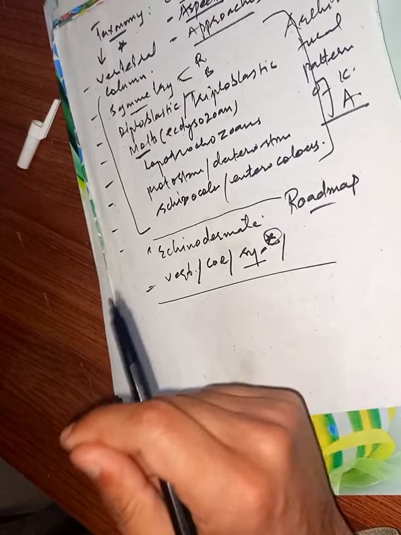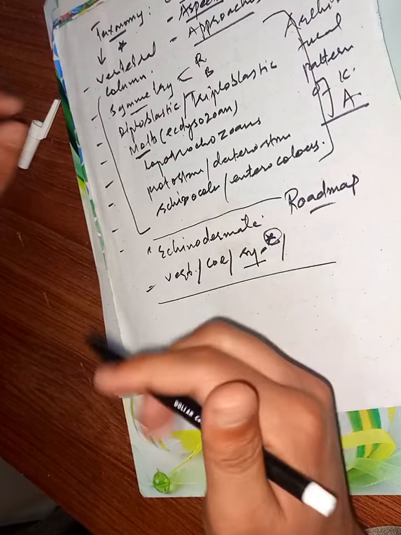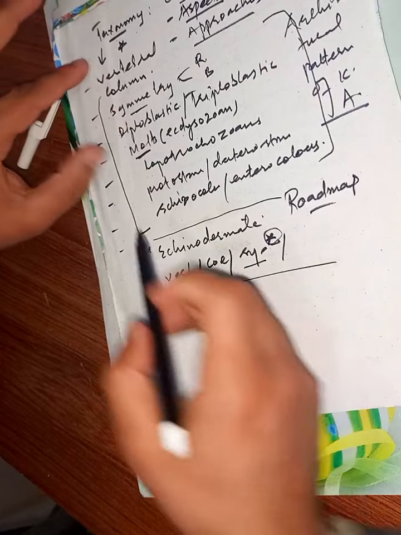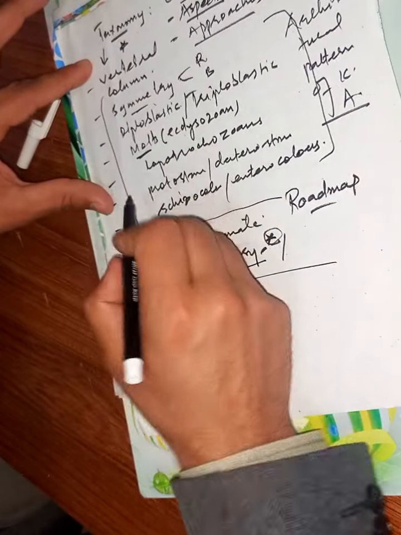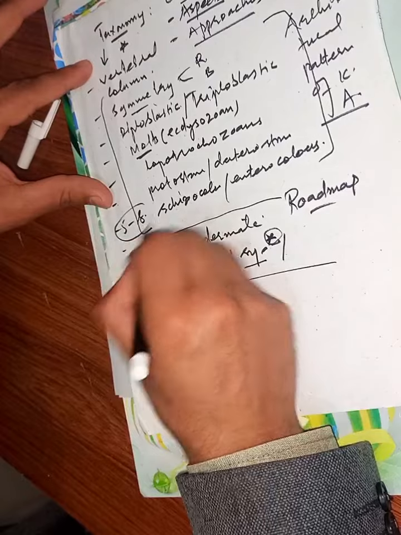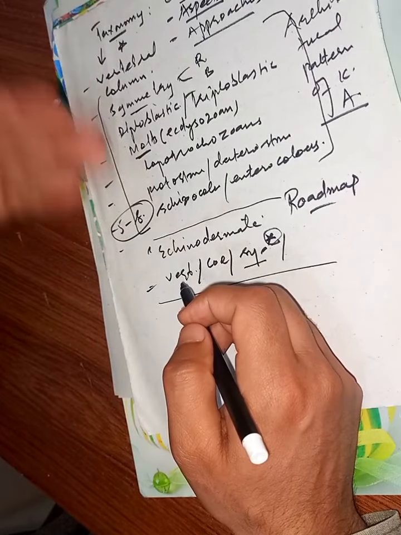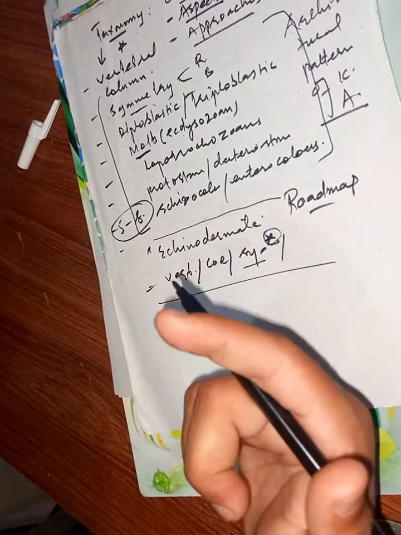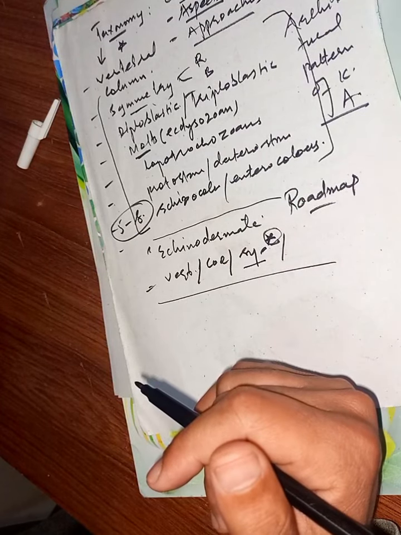Now you take any phylum, and it could be some 5 to 8 characteristics. You know 5 to 8 characteristics of every phylum, because these are the general scheme based on which we classify the whole kingdom Animalia.